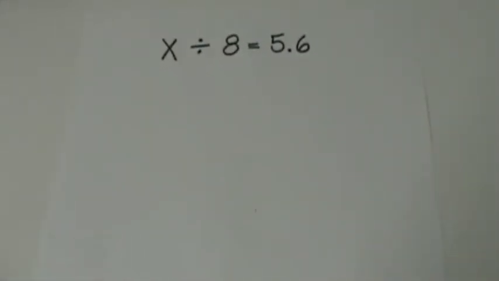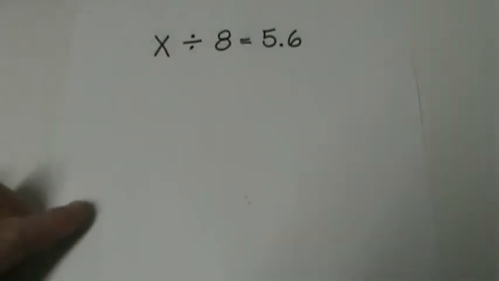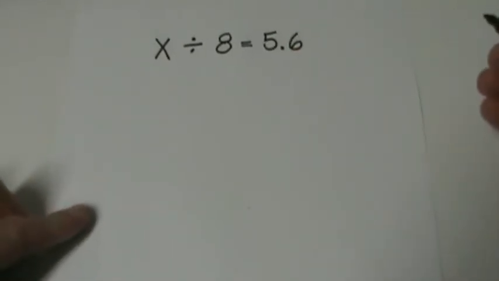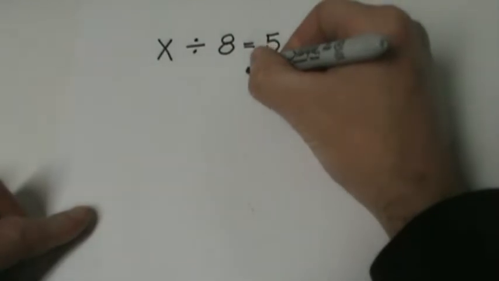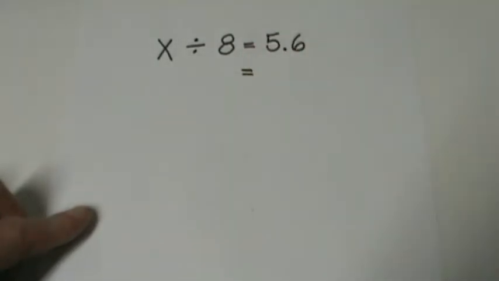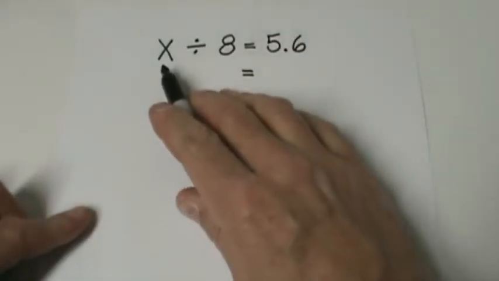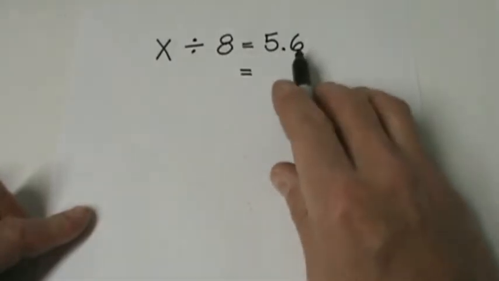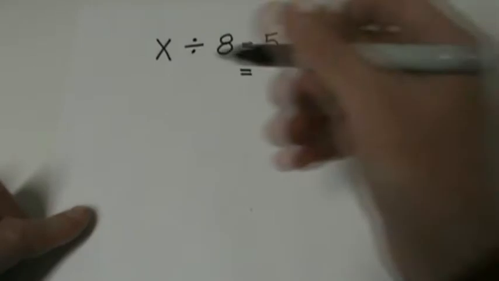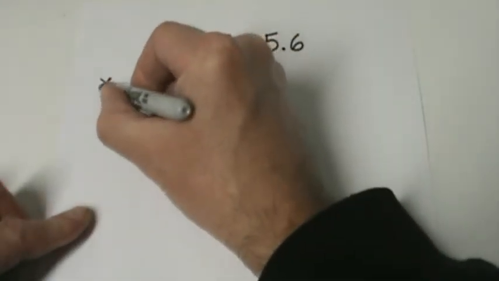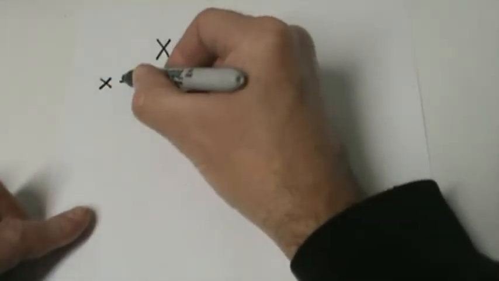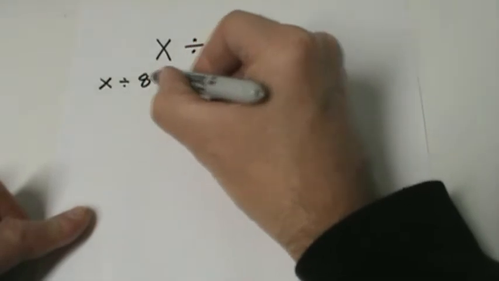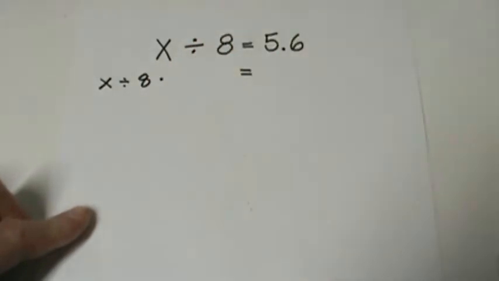Here's the second problem Patty gave us. This is a good one. Let's solve for the value of x. Now again, if we were going to do it algebraically in layers, what we would do is say, okay, we have x, or some number divided by 8, equals 5 6/10. Well, in this case, the inverse operation of division is multiplication.